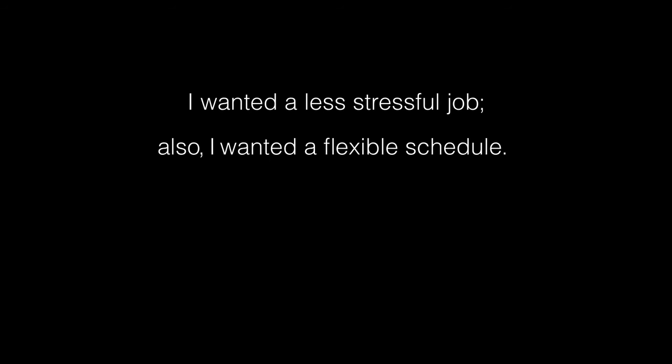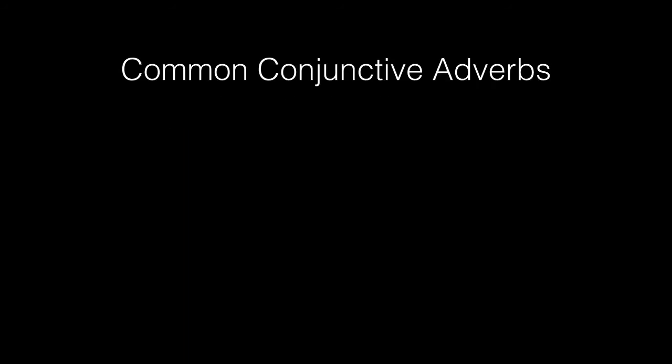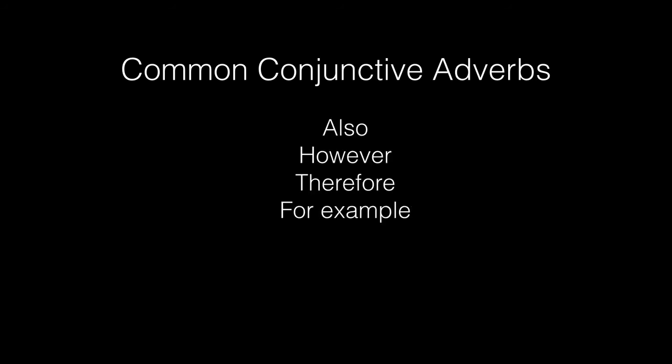And that's why when you use one of these fancy conjunctive words, you use a semicolon and a comma. Some of the common conjunctive adverbs are words like also, however, therefore, for example, on the other hand. And there's many more. If you Google conjunctive adverbs, you'll get a list of maybe 15 or 20 words.